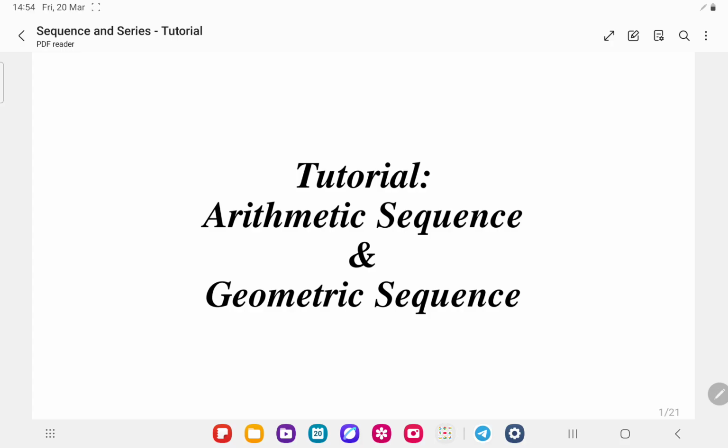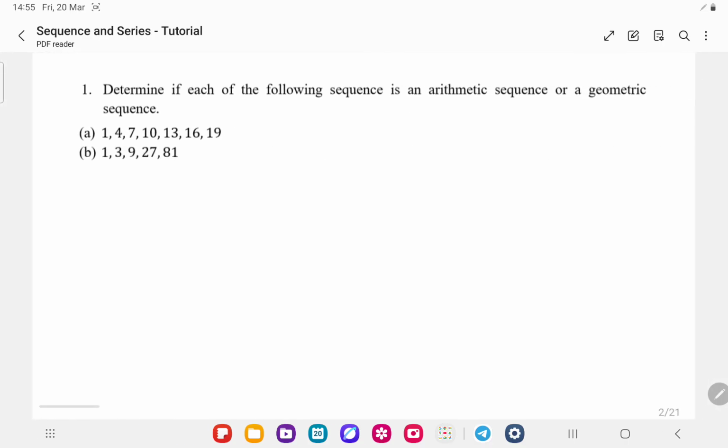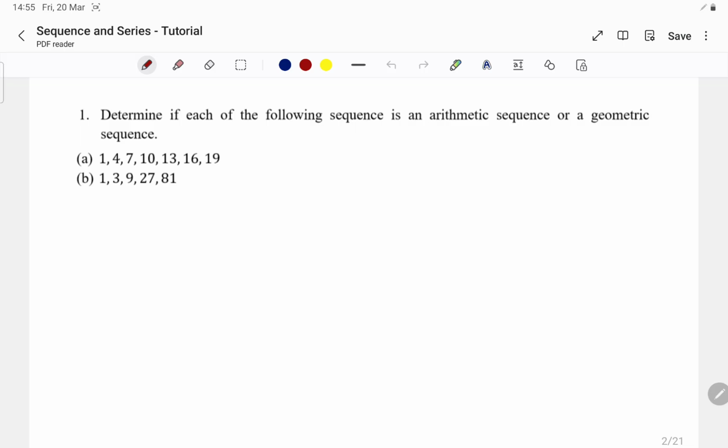Okay. So we go through the first question, where we have to determine whether each of the following sequences is an arithmetic sequence or geometric sequence. Question A, we have 1, 4, 7, 10, 13, 16 and 19.